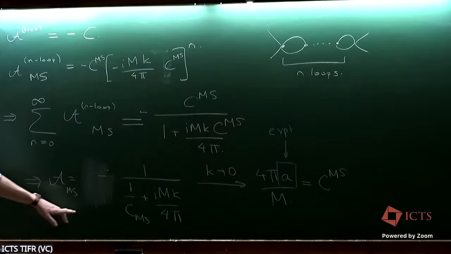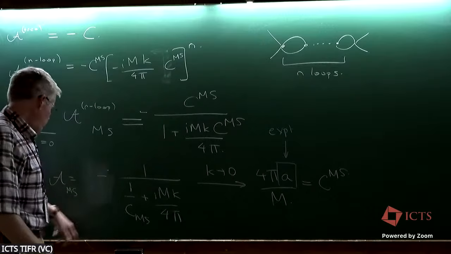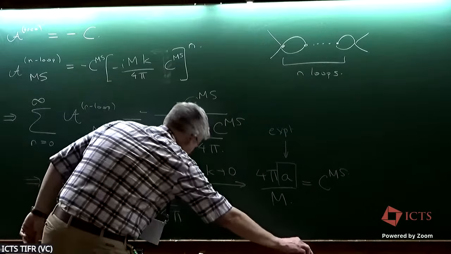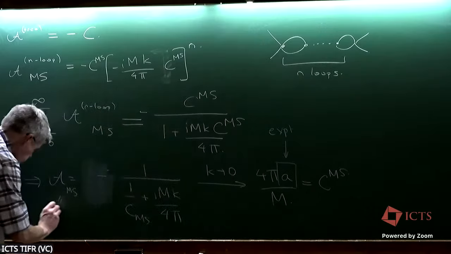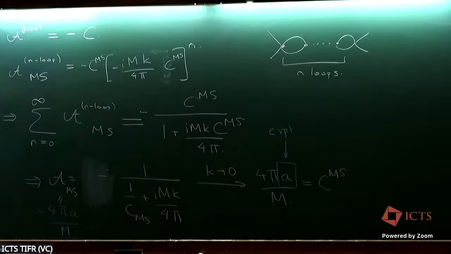We do a little bit of algebra, and we require that this goes in the limit as k goes to 0 to minus 4 pi a divided by m, where this sign is conventional.